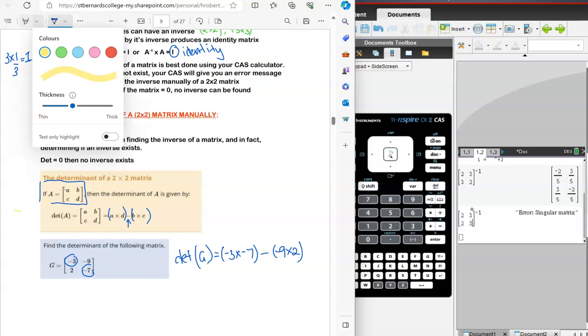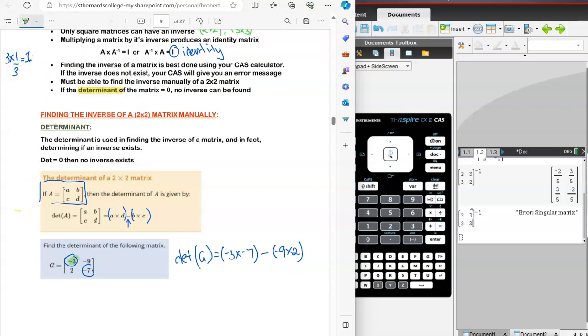So we do this number multiplied by that number, then this one times that one, and take away that. When we do that, this would be positive 21 minus minus 18. So we're going to end up with 39.